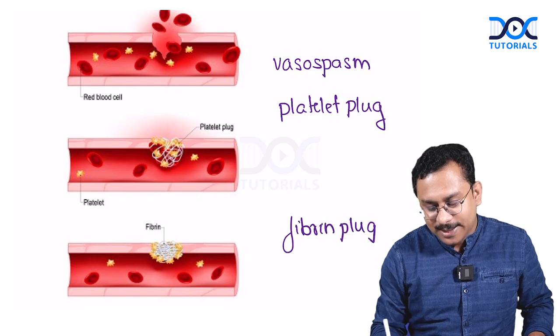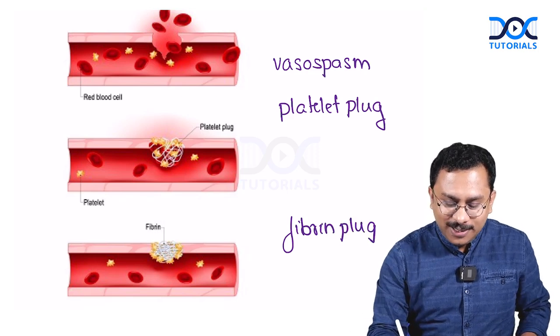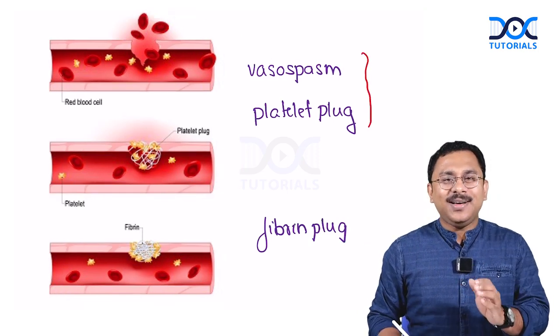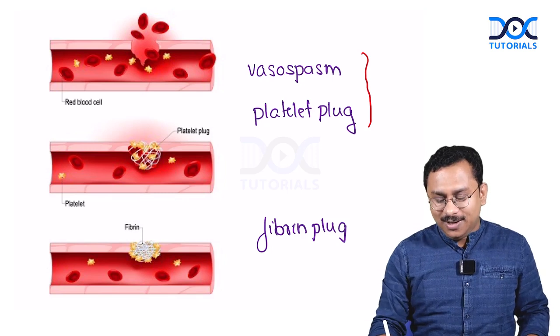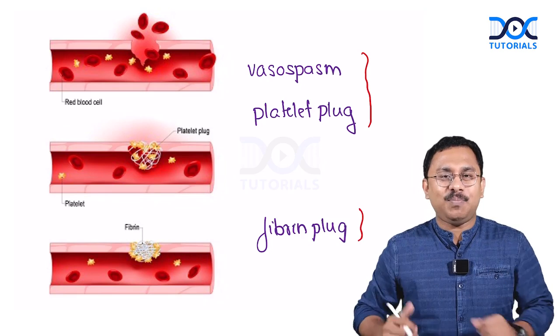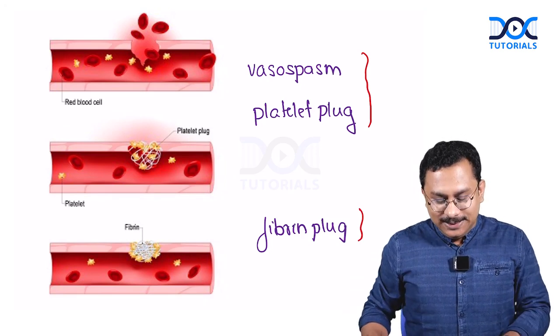And as I told you before, when you get a disorder involving these initial steps, you will have a primary hemostatic disorder, whereas a secondary hemostatic disorder affects the later part.